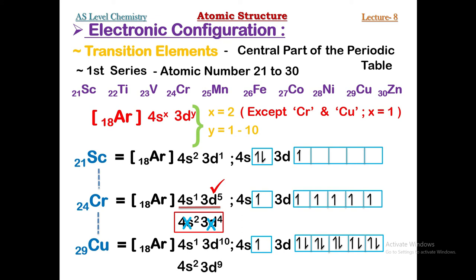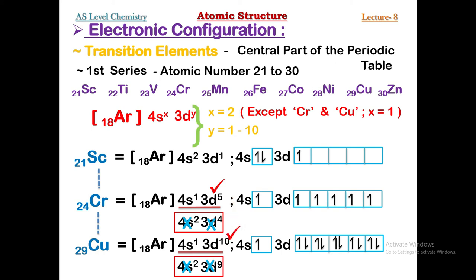Now 3d again is unstable, it is partially filled. So just to make it stable, one of the 4s electrons is migrated into 3d to make 3d stable, and 4s, even if its electron is migrated to 3d, remains stable half filled. So that is why even for copper 4s1 3d10 is the correct electronic configuration.